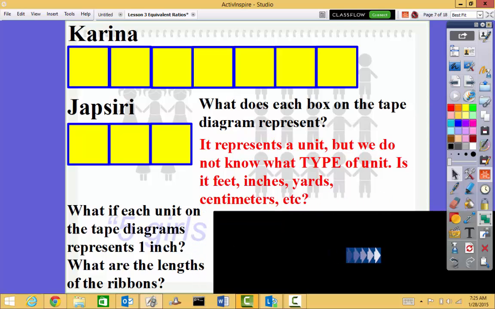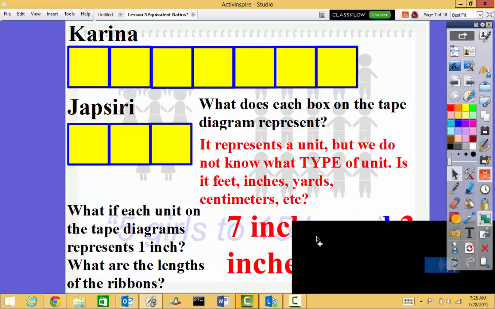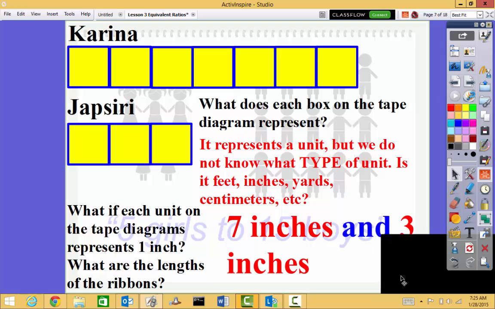What are the lengths of the ribbons? So each box is 1 inch. How much does Karina have? Think in your head. If you said she has 7, then you are correct. She would have 7 inches. Japsiri would have 3 inches. 1 inch, 2 inches, 3 inches.